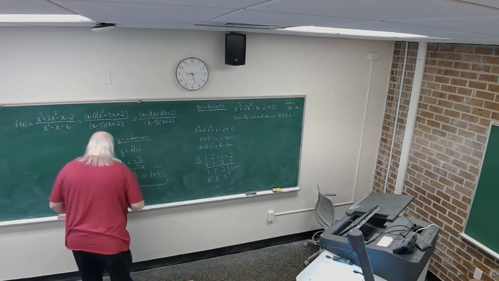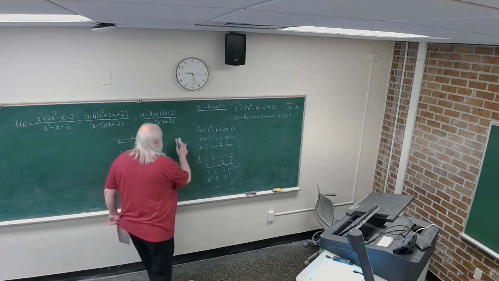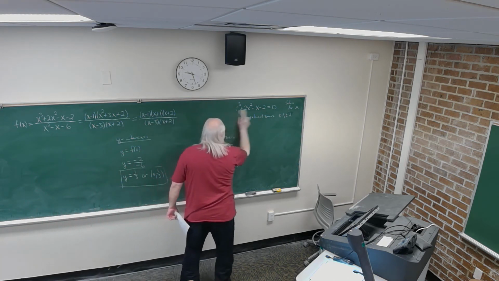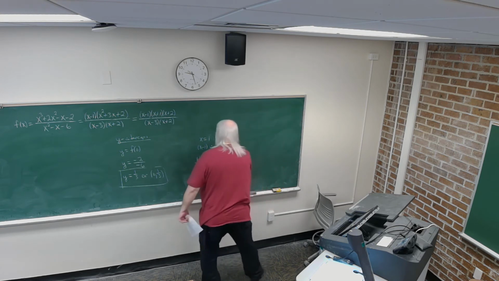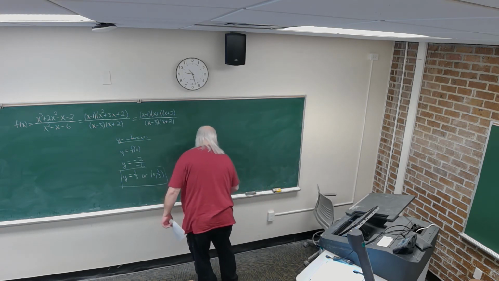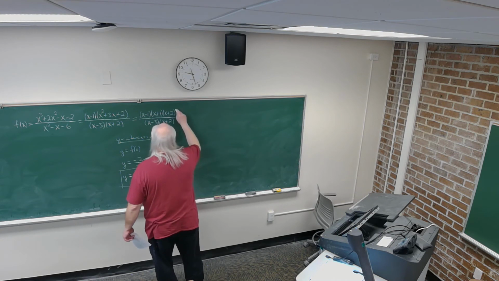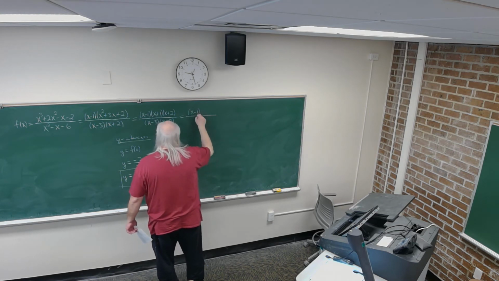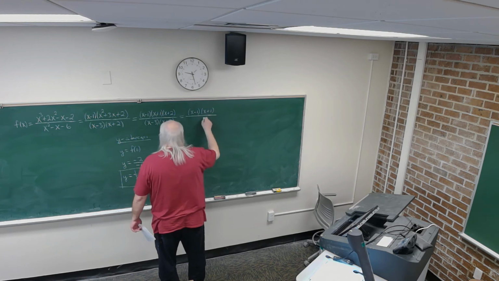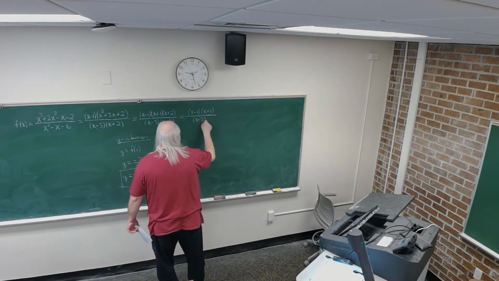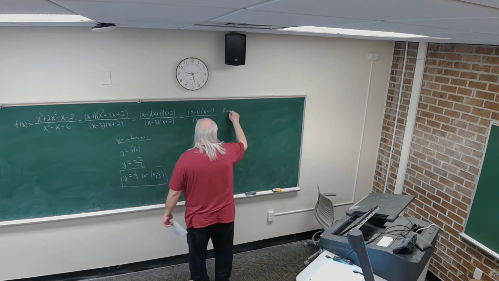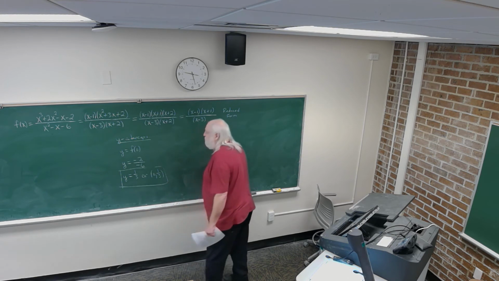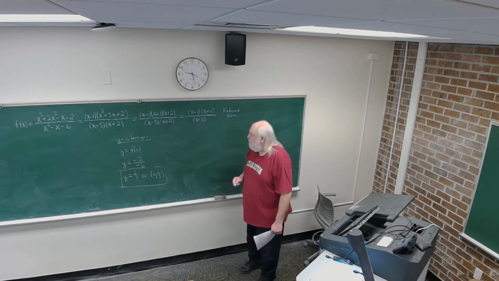Okay? So we cancel out the common factors in the numerator and denominator, right? The x plus 2. We're left with x minus 1 times x plus 1 over x minus 3. This is called reduced form, right? When you cancel out the common factors. Okay.